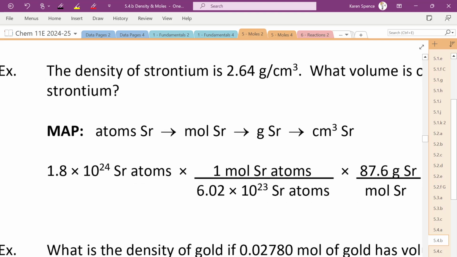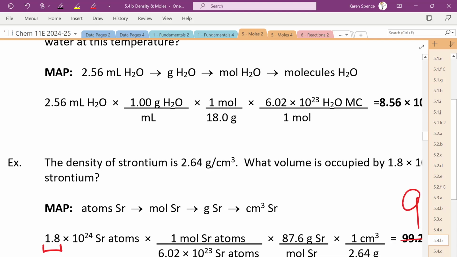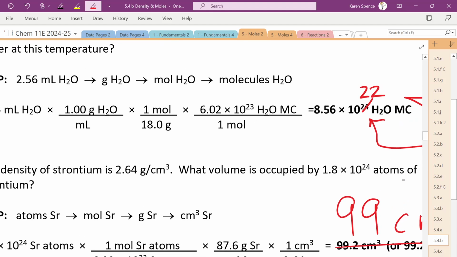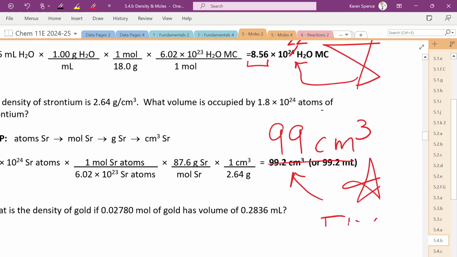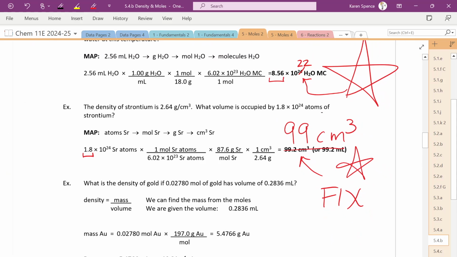Because of the 1.8 times 10 to the 24? Oh, it's wrong. The one above it should have 3 sig figs. So this one here should be 99, not 99.2. So now it's convergent. There we go.